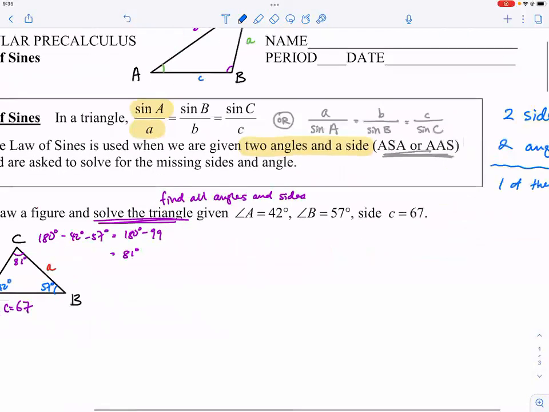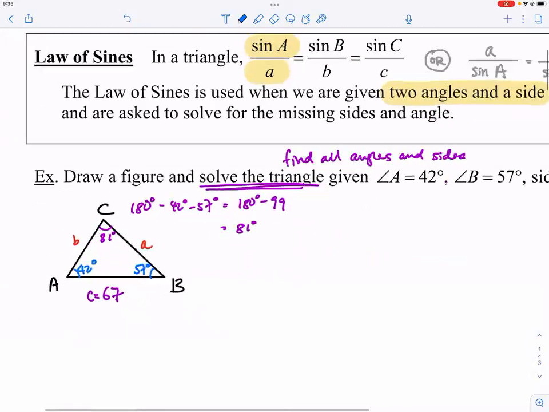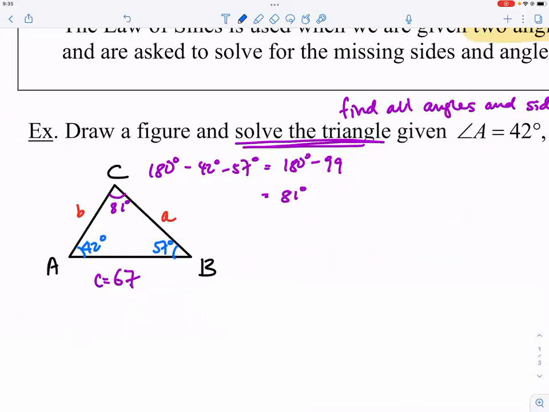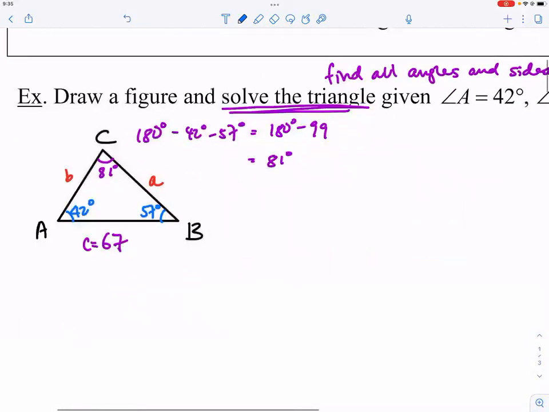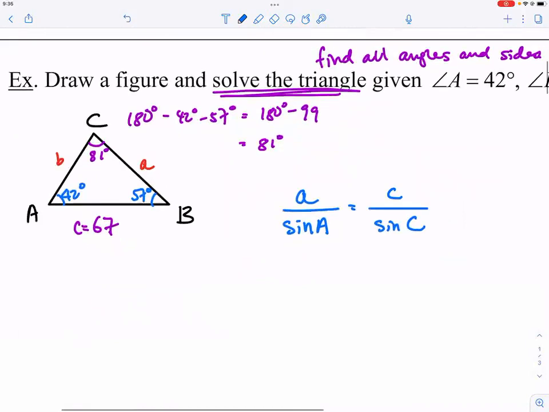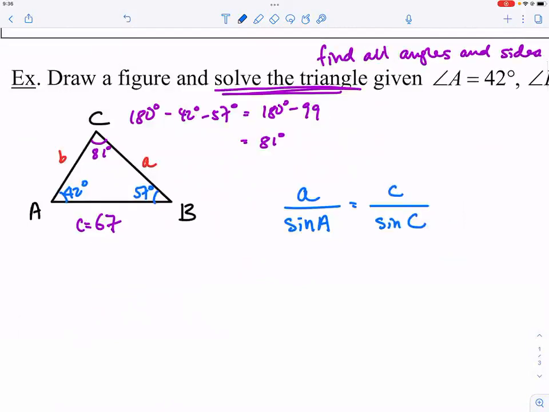So in this case, we have all the angles and we have one side that's given, which is lovely. Then we say, all right, let's go ahead and find out our side A. Now we can say side A over sine of A is equal to, well, we don't know B, so let's go ahead and use C. C over sine C. Use what's available.